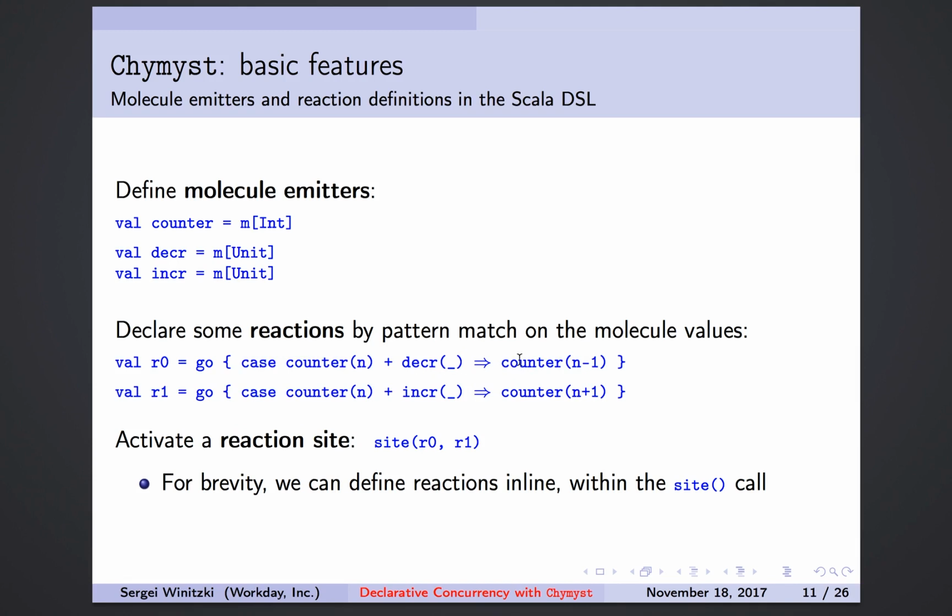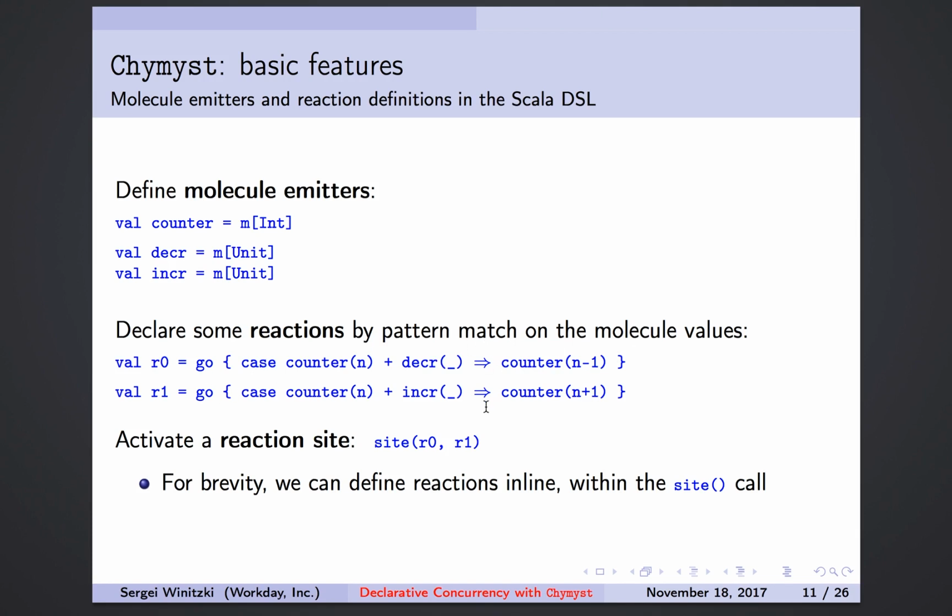The right-hand side is arbitrary Scala code that can use these pattern variables. In this case, it's a very simple pattern. We match on any value n that the counter carries, and the decrement molecule has unit values, so we just match on underscore. We could match on the unit value directly as well. It's the same.